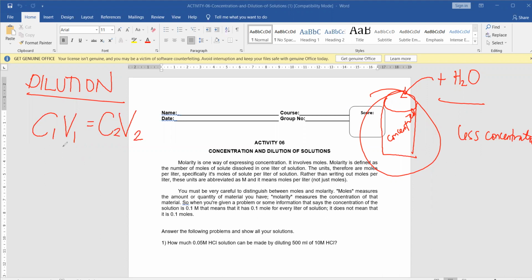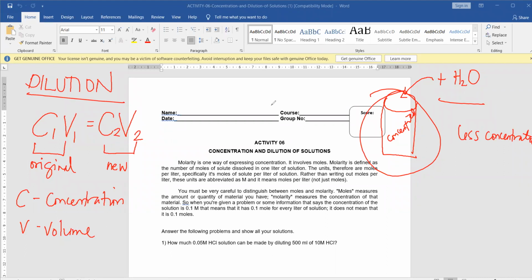Wherein, ang 1 dyan will be for our original na solution or our concentrated solution. And then, the 2 there will be for our new solution. And ano yung C and V? C is for concentration. And V is for the volume.